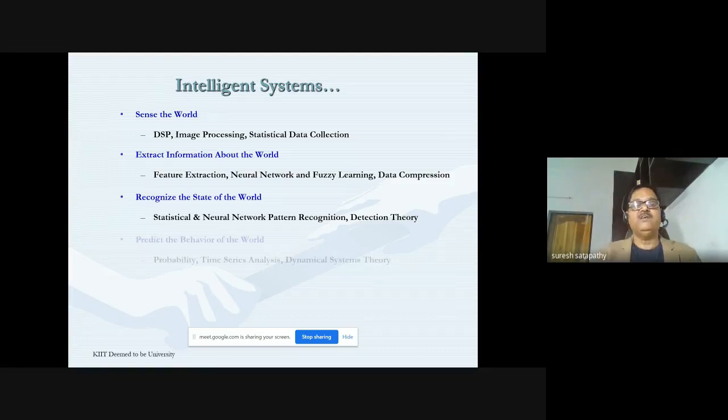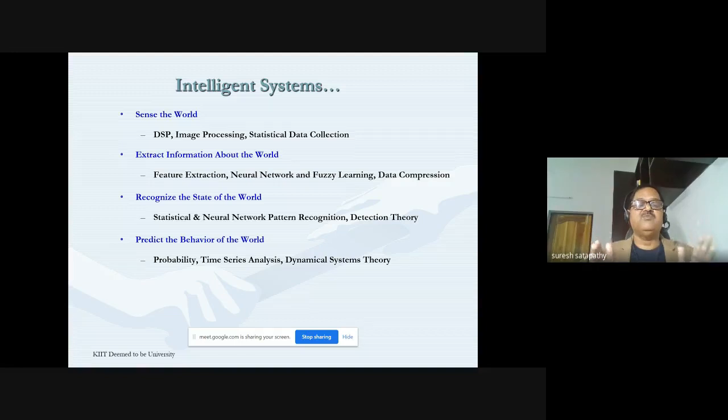The fourth one is, once you know the state of the world, then what do you need to do? Predict the behavior of the world, how it is going to interact and behave with the world. Because any system you have designed is not for the sake of your laboratory experiment, or your API index, or getting some publication or patent. This must be usable.